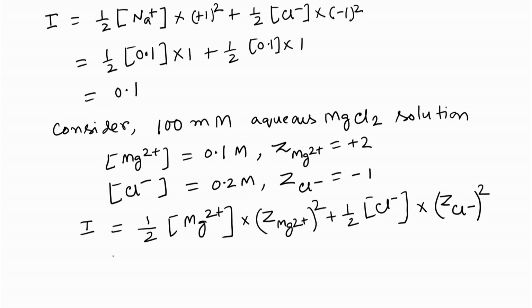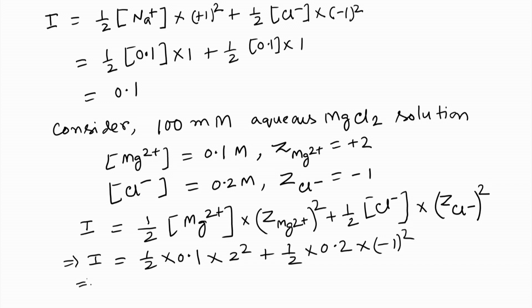So, I equals half times 0.1 times 2 squared plus half times 0.2 times (-1) squared. This gives 0.2 plus 0.1, so the ionic strength of the 100 millimolal aqueous MgCl2 solution is 0.3.